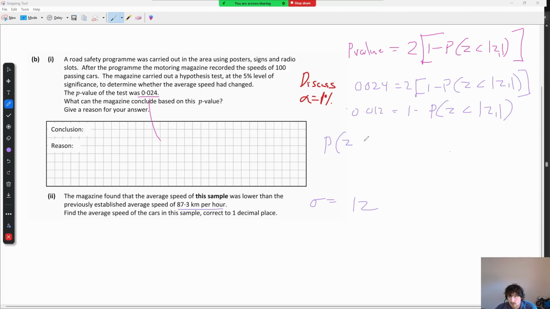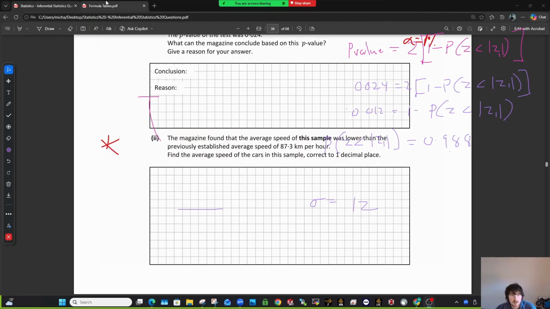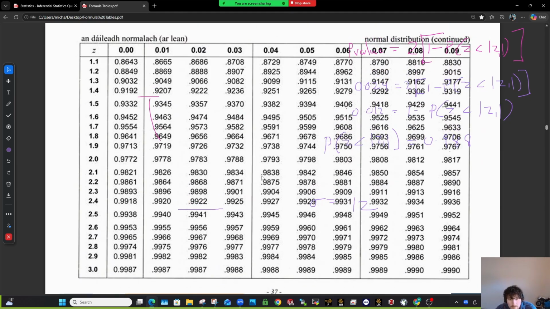So the probability that z is less than the z-score that we're looking for as a modulus is equal to 1 minus this number, which will be 0.9. I better do that in a calculator so I get it 100% right, 0.012. So we're looking for some z-score that has this area below it. Okay, so we should go to the tables book and see what has 0.988 below it. Who has 0.988 below them? That looks pretty close there to me.